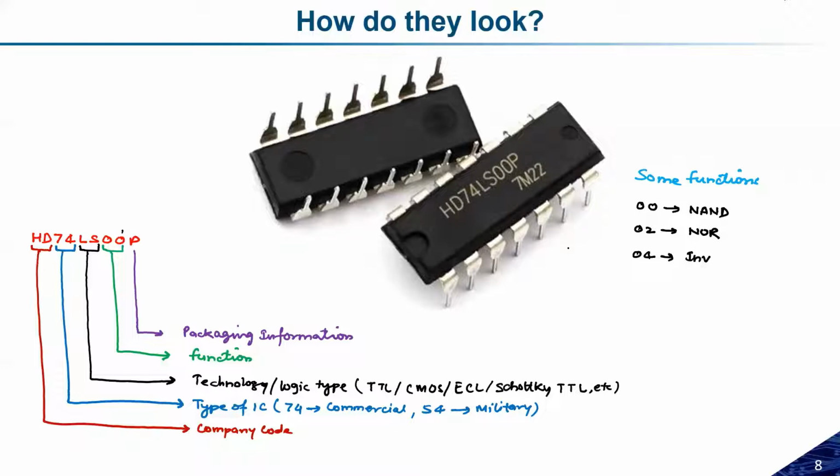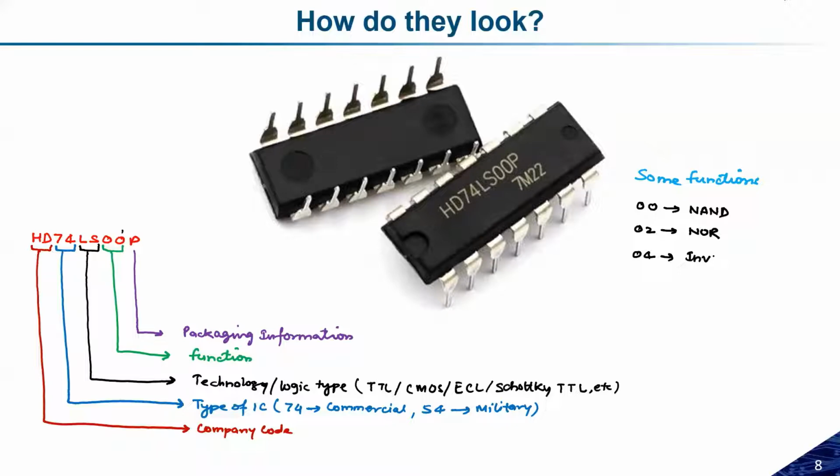So a total of 3 pins are required for each gate, and we have 12 pins left. So we can accommodate 4 NAND gates or NOR gates. That is why I am saying this is the quad. Quad means we have four NAND gate or NOR gate logics. So this is how we can calculate how many logic gates we can accommodate.